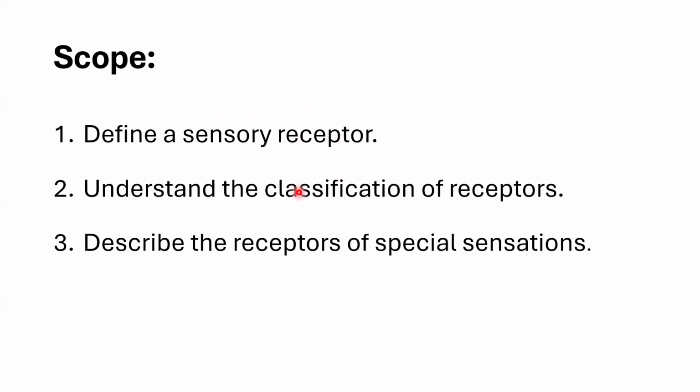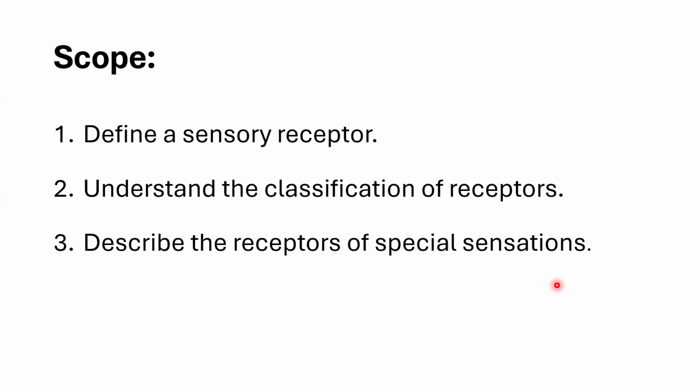Then, what is a sensation? A sensation is the ability of a cell or structure, called a receptor, to perceive a stimulus. So the awareness of a sensory stimulus is what we call a sensation.